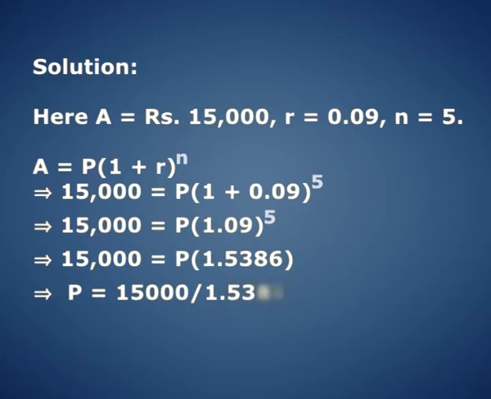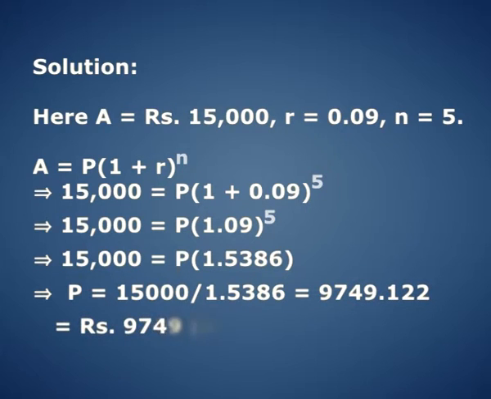So that implies 15,000 is equal to P times 1.09 to the power 5. That implies 15,000 is equal to P times 1.5386. So that gives P is equal to 15,000 upon 1.5386, which is equal to 9749.122. So that is approximately rupees 9,749.